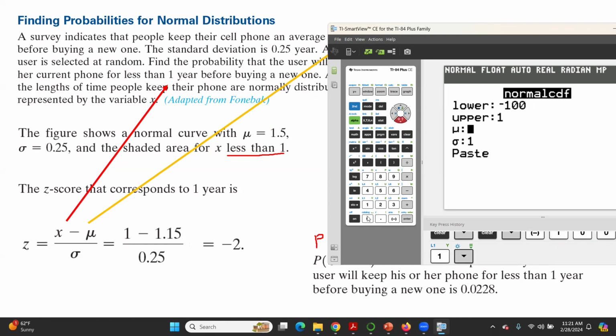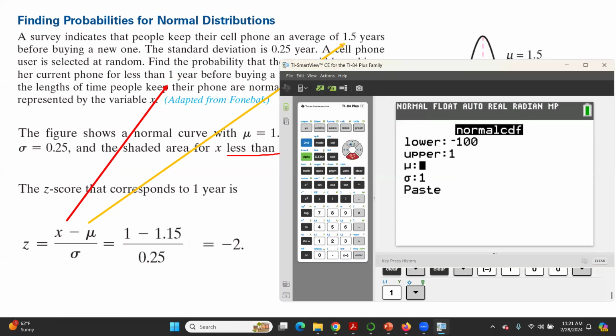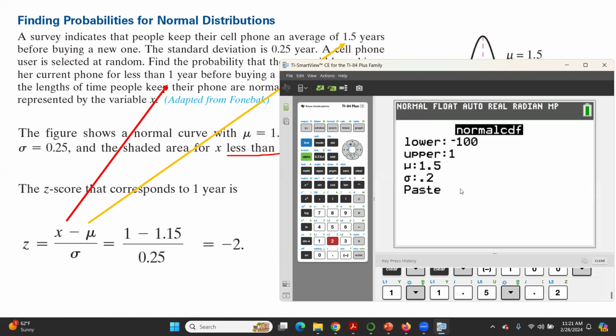What is mean? Mean is not 0. Standard deviation is not 1 because we are dealing with x. X is 1. And based off of the information from the example, mean is 1.5 years, and the standard deviation is 0.25 year.